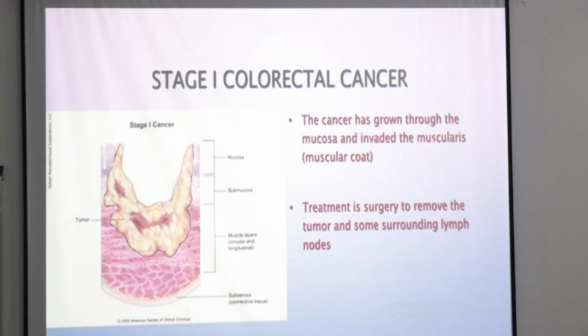The next stage is stage 1. In stage 1, it invades the mucosa to the muscularis mucosa. Okay, it has invaded the muscularis mucosa, and here you have to remove the tumor and the surrounding, the draining lymph nodes.